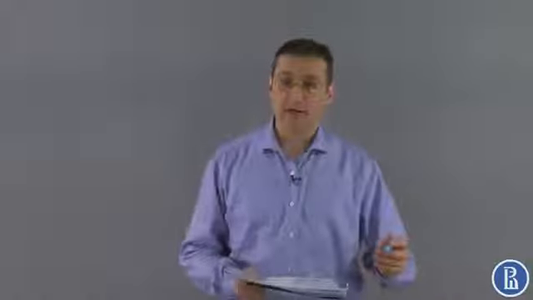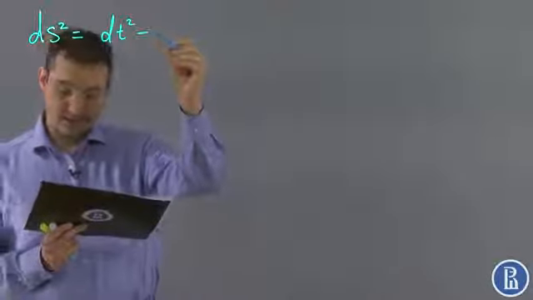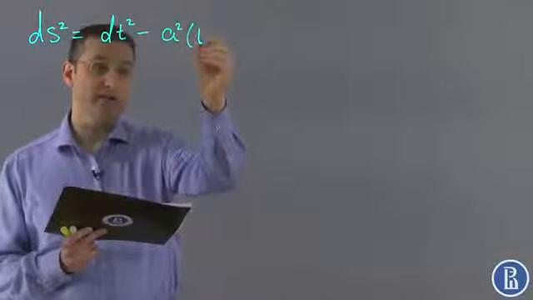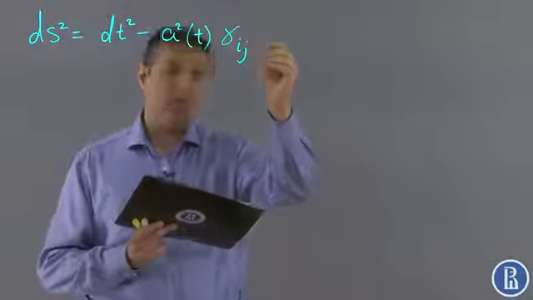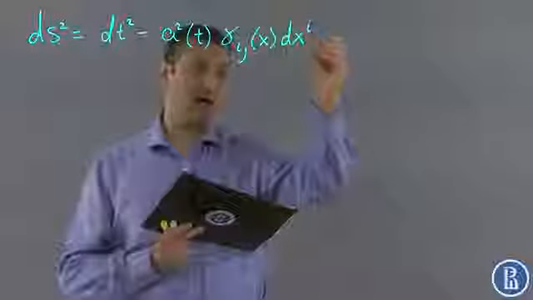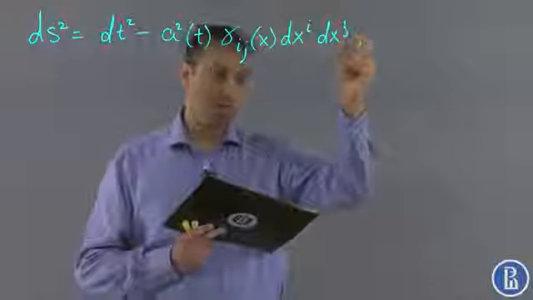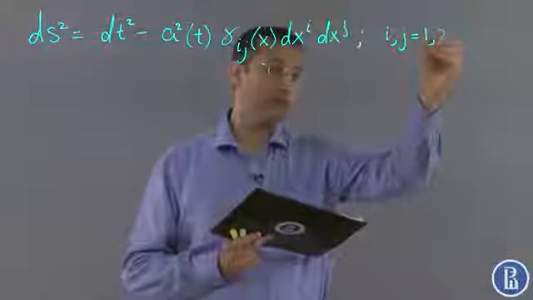So, the most general four-dimensional metric tensor, which describes isotropic and homogeneous spatial sections, is as follows. The metric has this form, dt squared minus a squared of t times gamma ij, which depends only on spatial coordinates, dxi dxj, where i and j run from 1 to 3.